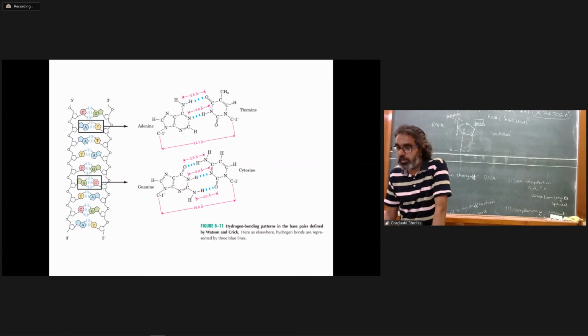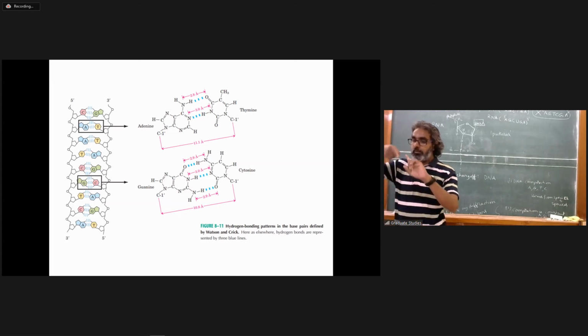Now let's say you try to pair G to T or A to C, then you will not have completely satisfied the hydrogen bond requirements. That's one reason. The second thing is that this complementary nature comes from how they are arranged in the parallel and anti-parallel strands.